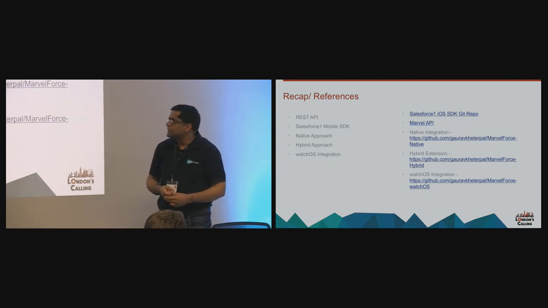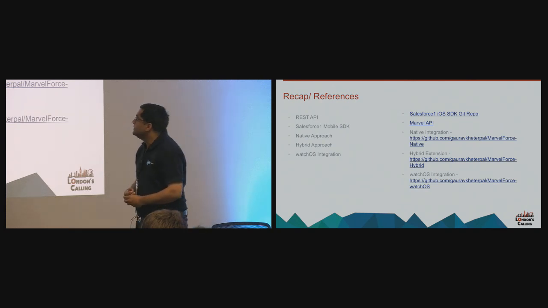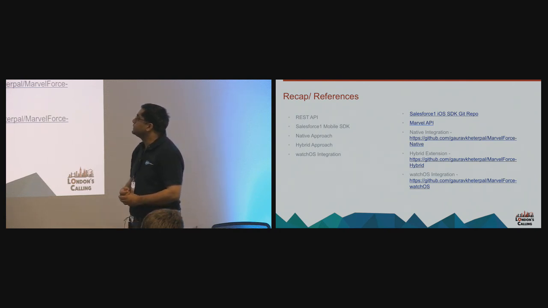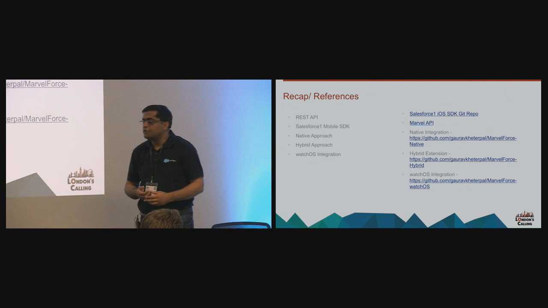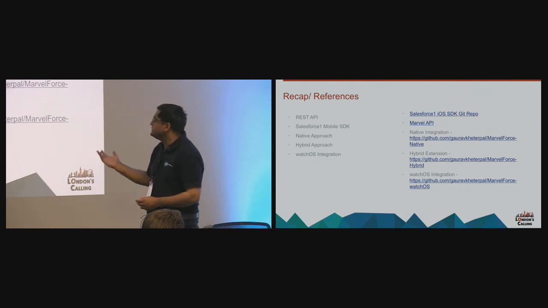You can go native, or you can use a hybrid approach, and you can also build WatchOS apps. A good place to get started is the Salesforce iOS SDK GitHub repo. You can clone the repository, you can run some sample projects, and then build your own stuff. Marvel API, which is developer.marvel.com, and then these three applications that I have talked about are all open source.